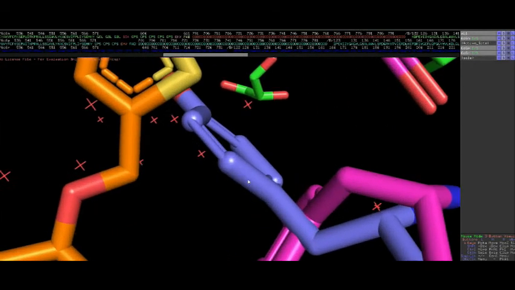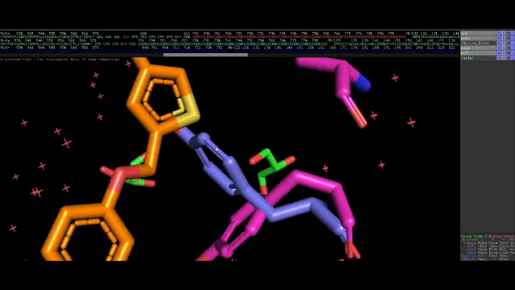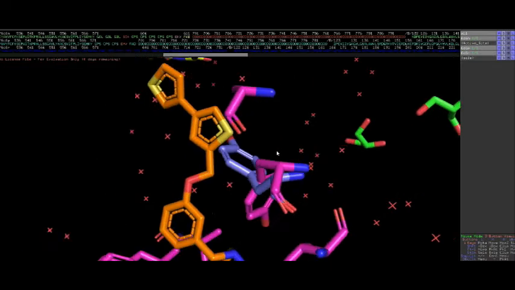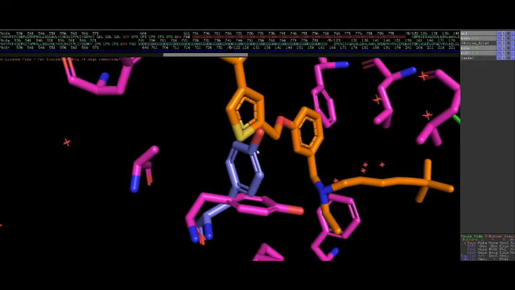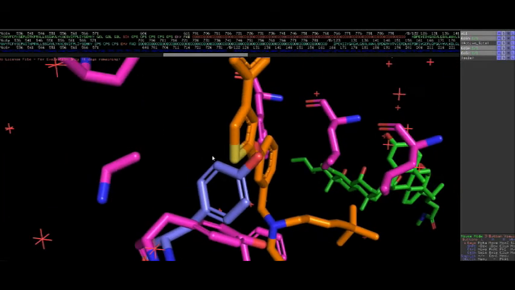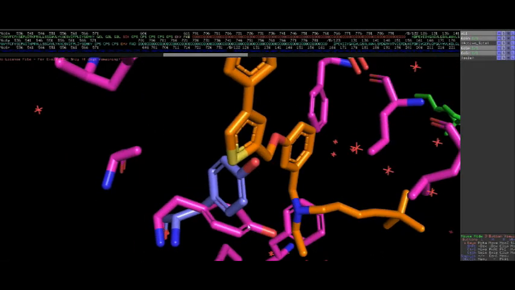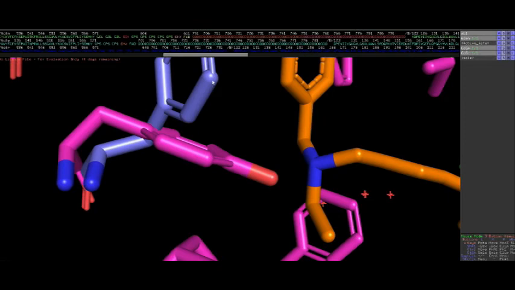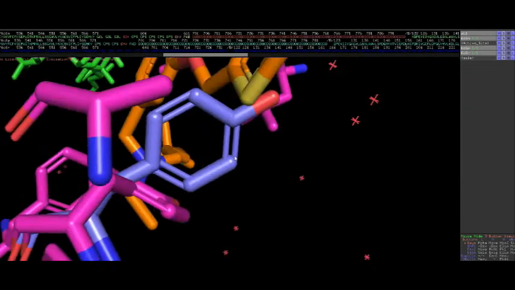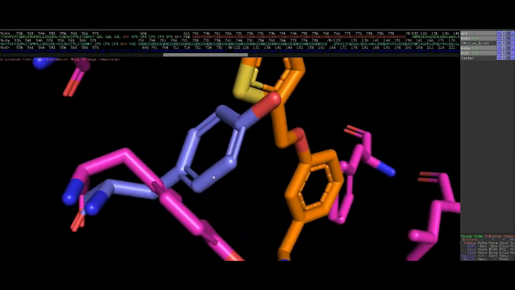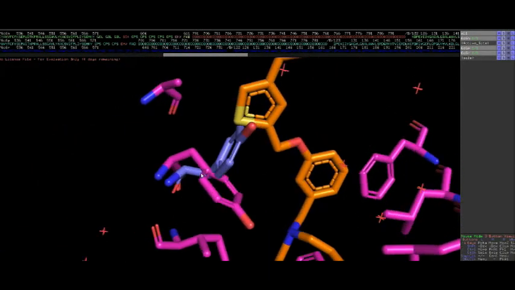When it's in this navy blue, it must be the position it's in when there's no inhibitor, because we can see that this inhibitor gets so close that there would be steric clash. So the inhibitor must shove this down to here in purple. I'd have to look at the paper again to know exactly, but that seems to be what the inhibitor is doing in the active site here.